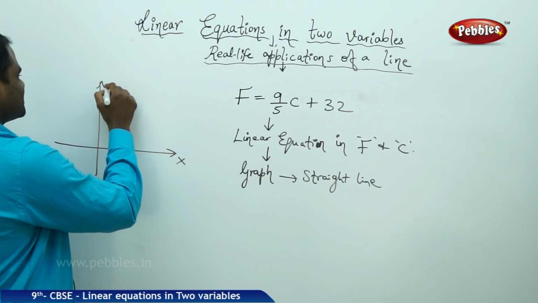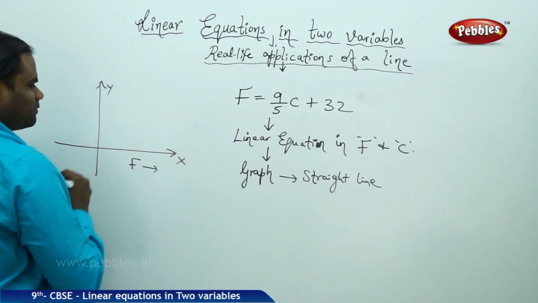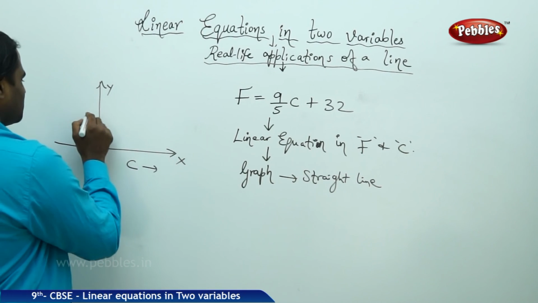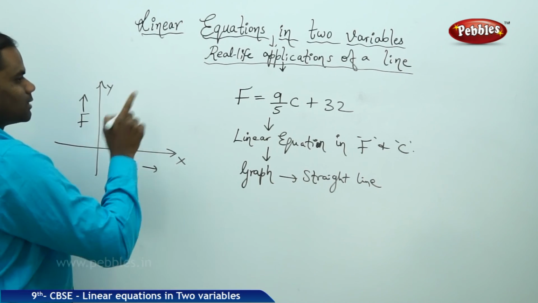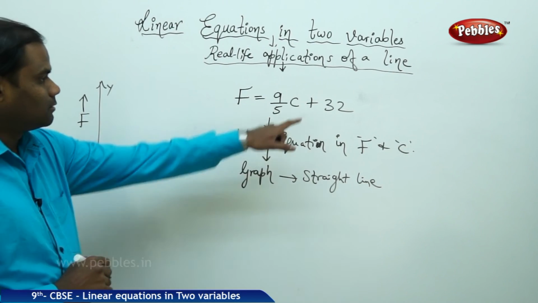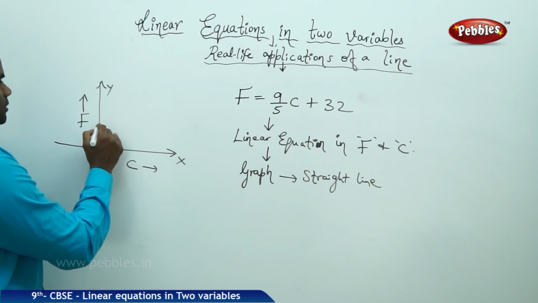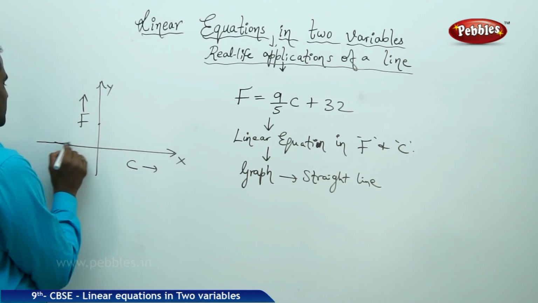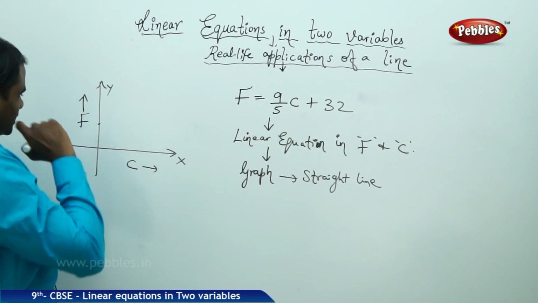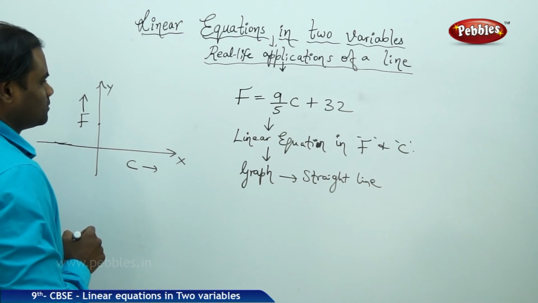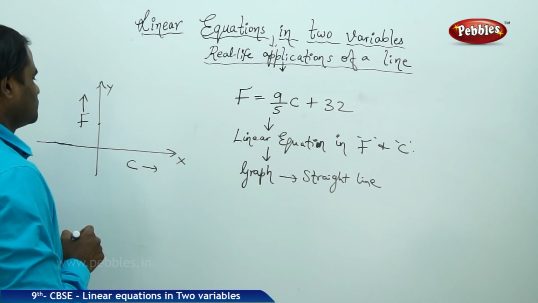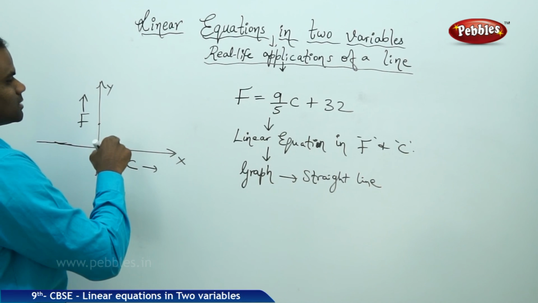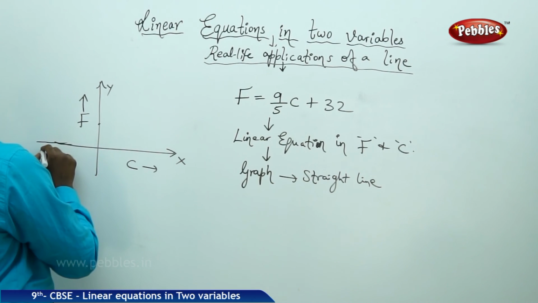When I take this on the x-axis and y-axis, with my centigrade scale on the x-axis and my Fahrenheit scale on the y-axis, this gives me a line with y-intercept cutting at 32, and my slope is positive. It cuts the x-intercept where f is 0, at minus 32 by 9 by 5 somewhere here.